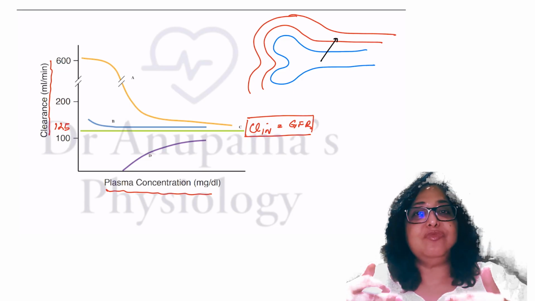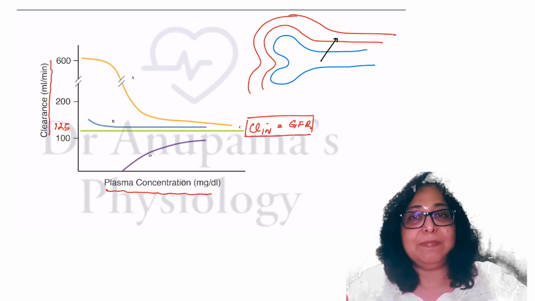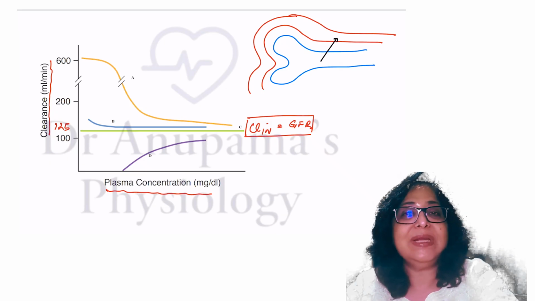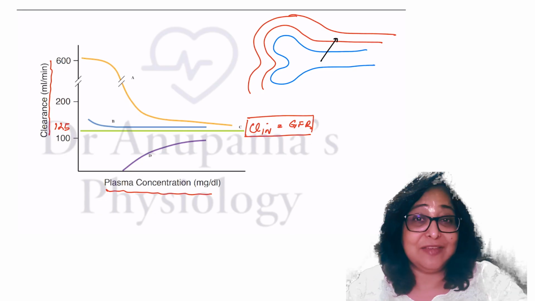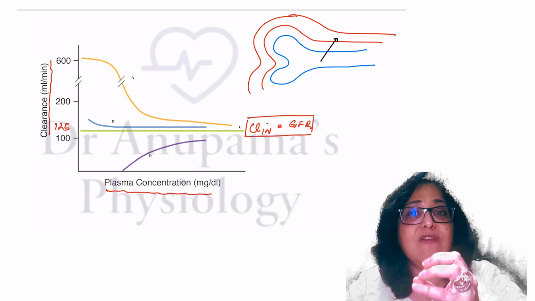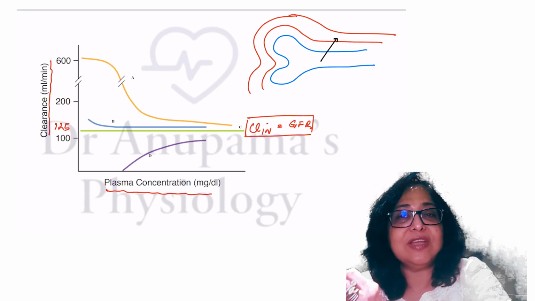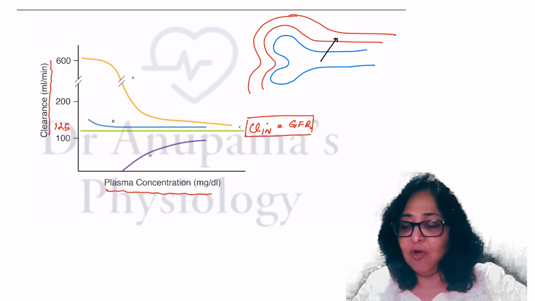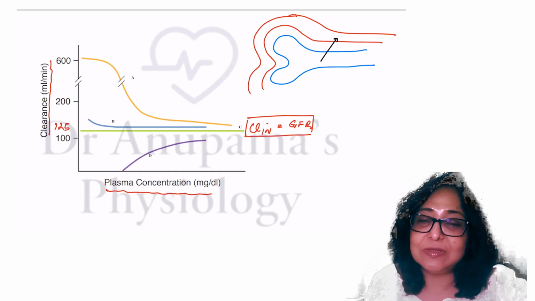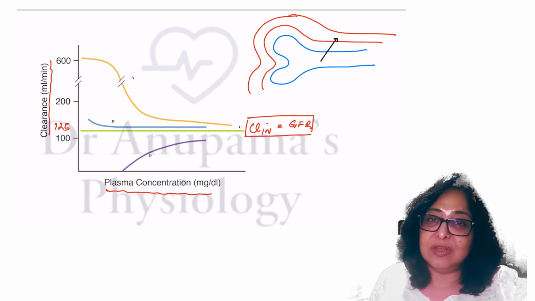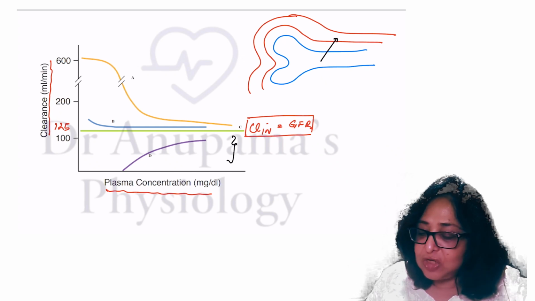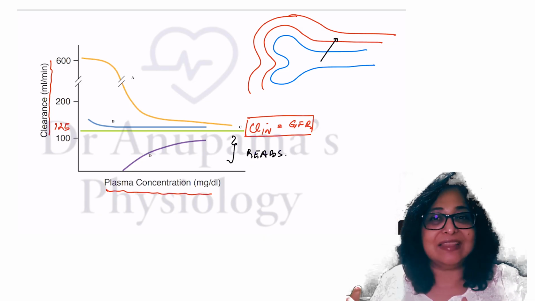Clearance is the volume of plasma free of that substance in unit time. So if a substance is reabsorbed, the volume of plasma cleared of that substance in unit time will start reducing. So all substances which are reabsorbed will have a clearance which is less than the clearance of inulin.